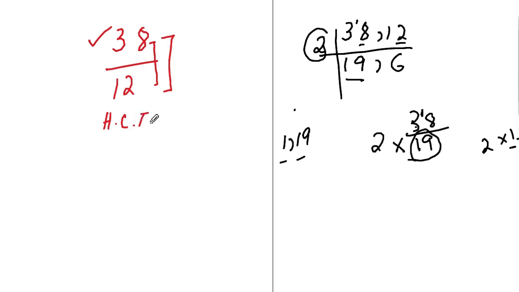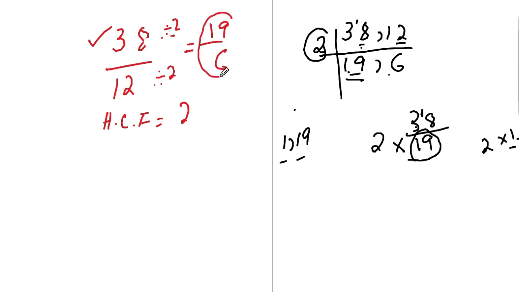So what we need to do is divide both bottom and top by 2, like this. Wait a second, let me clean it a bit. Okay, so now divide it by 2 and write here your answer, and you have already your answer written here. 2 times 19 is 38, so I'm writing here 19, and 2 times 6 is 12, writing here 6.